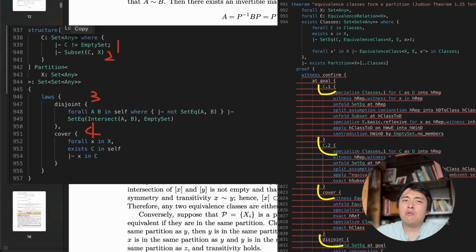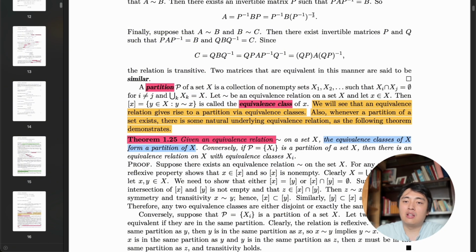People may have different tastes on how to manage these properties, but here it's fine to describe it this way because the textbook mentions C is a subset of X right after C, and these are separate sentences. So this is really handy when trying to introduce variables. And after all, you can see that this proof is really detailed compared to the textbook, because textbooks just miss so many things.